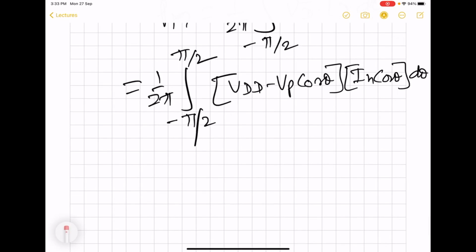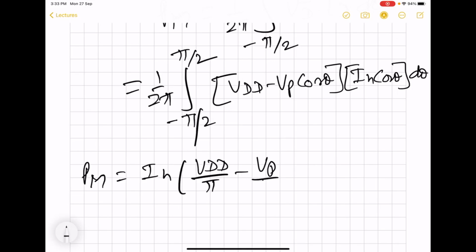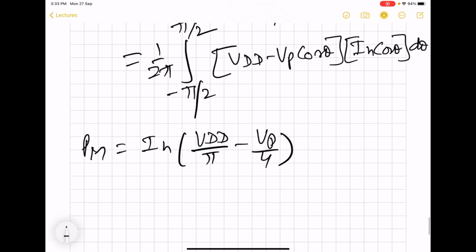So if you carry out this integration, it will give rise to a result where IH can be replaced in terms of VP, so that we have this as a function of VP. So IH will be 2 VP by RL.